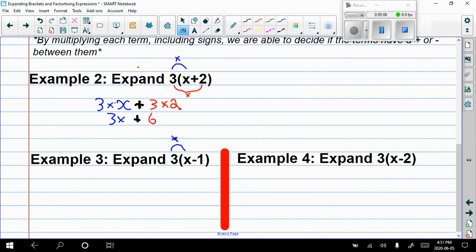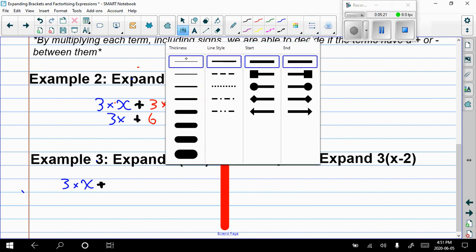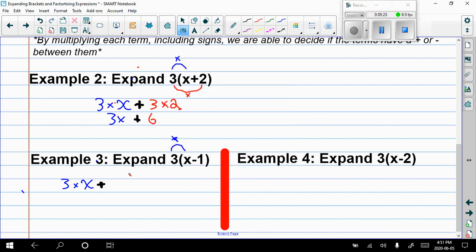So 3 times x, same thing we've been doing for our first bit. Same plus sign I keep saying, just put it in. And then our second part, we have 3 times negative 1. So we write 3 times negative 1.